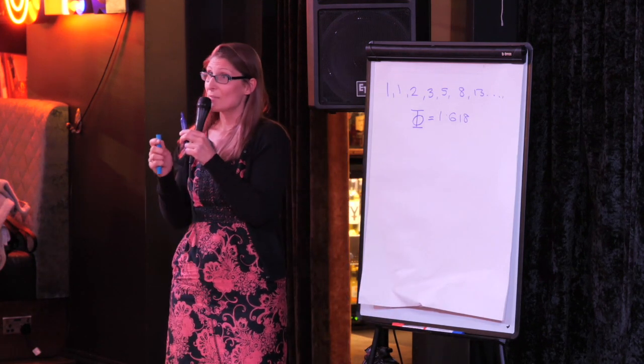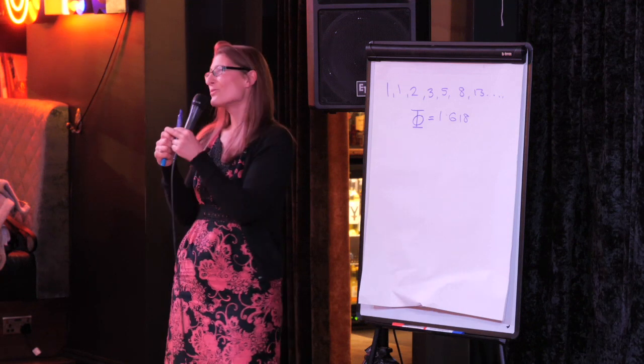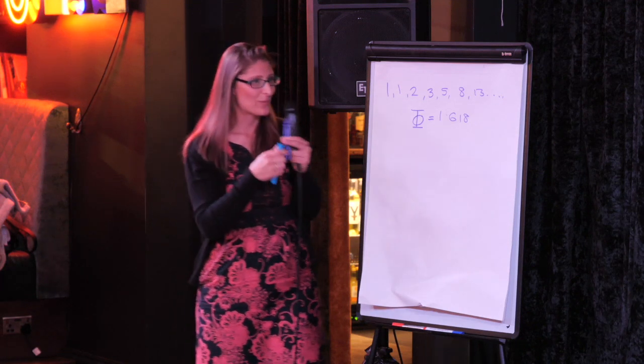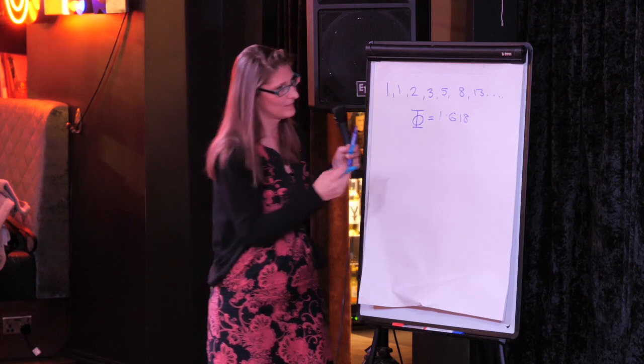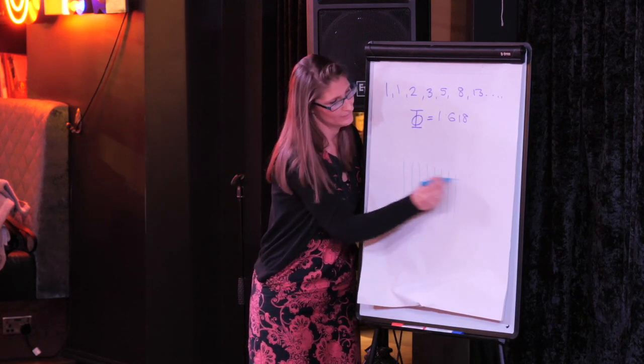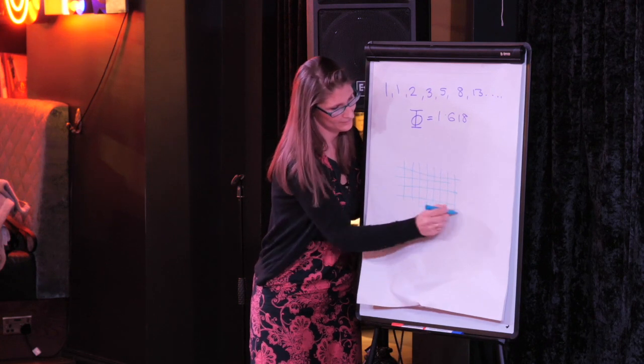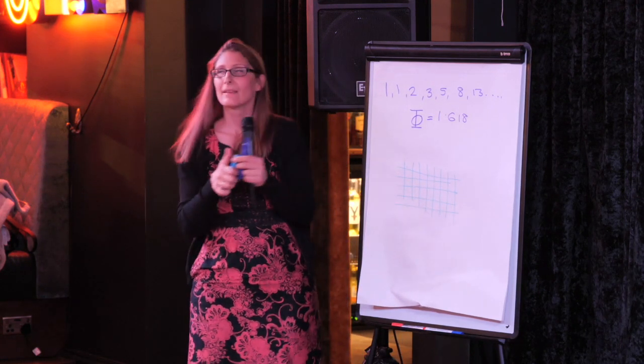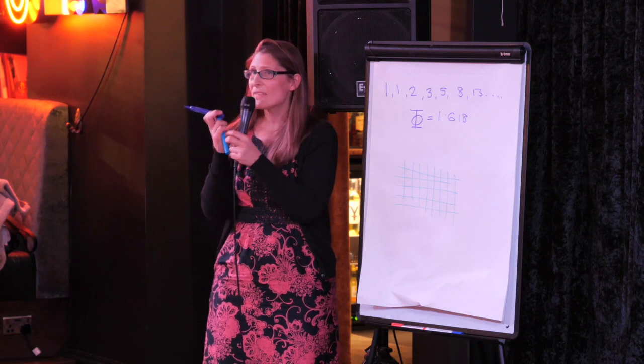Now, if you imagine a piece of graph paper, and I'm going to draw a really scrappy version of a piece of graph paper. And you start to apply these numbers in the Fibonacci sequence to a piece of graph paper so that you draw across a number of squares as you see in the Fibonacci sequence.